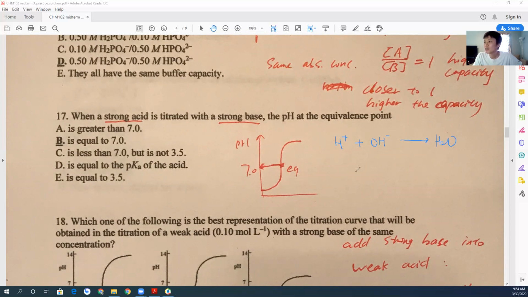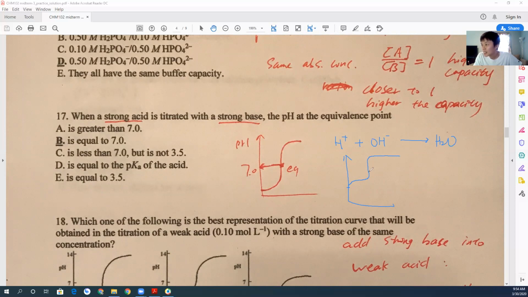Now when you have a weak acid and a strong base, for the weak acid you start with a relatively higher pH because the acid is weak, and you have this buffered region at the beginning. After the equivalence point, it looks the same as the strong acid, strong base curve.